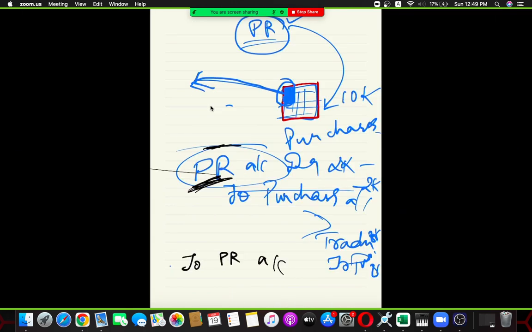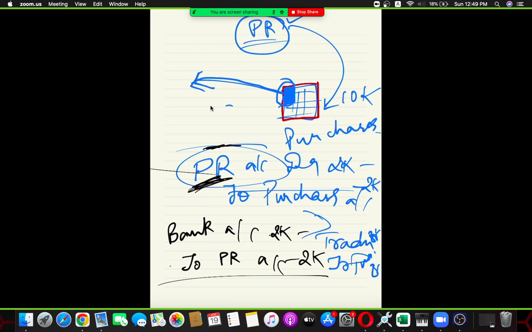If you are sending back the goods, the amount which you have paid already will be received back to that extent of purchase return which you are making. Won't it make sense? To that extent, the bank account amount you will be getting credited.